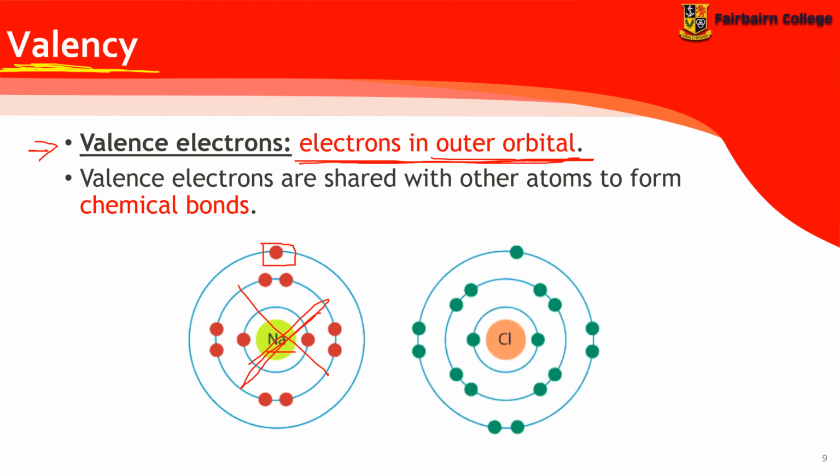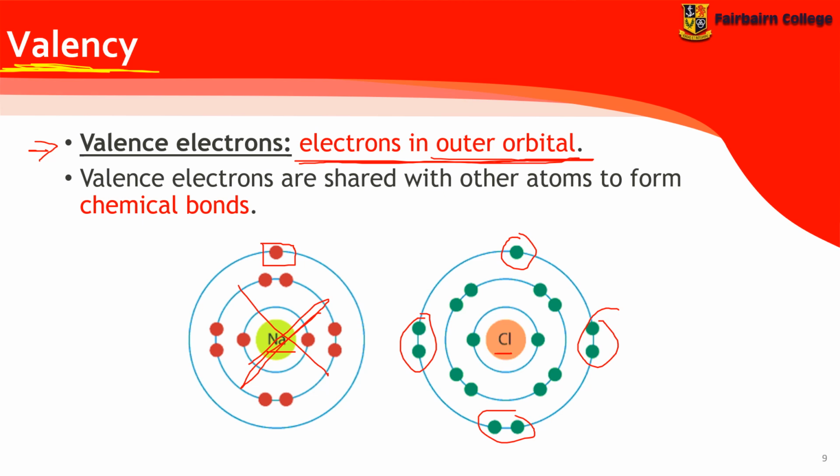If we have a look at another example, chlorine, then we can count up the number of electrons in its outer orbital, and we'll see that it has 7 valence electrons. Now you might remember from the previous video when we looked at the periodic table, when we discussed groups, we said that the group number is equal to the number of electrons in the outer orbital.